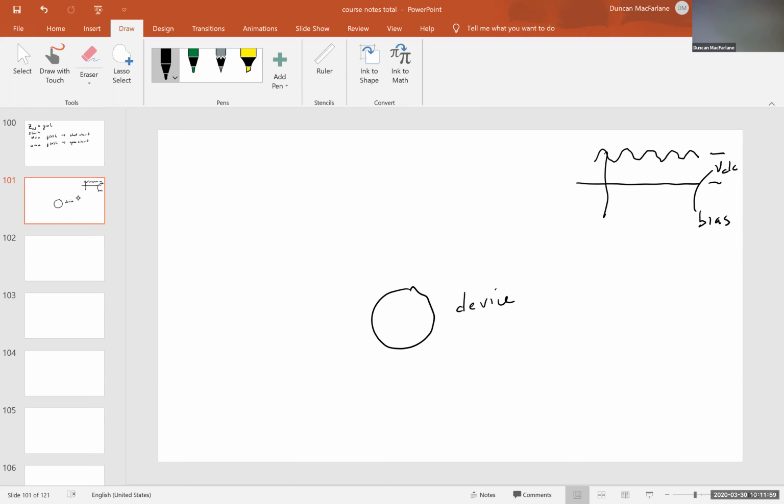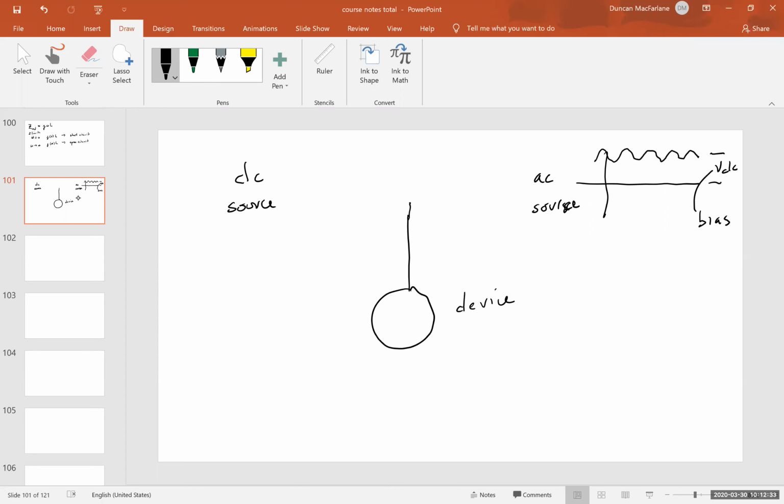So I want to be able to put together both a DC battery and an AC signal. So I know I want a DC source, and I know I want an AC source. So I have a battery and I have a function generator, or a battery and an oscillator.